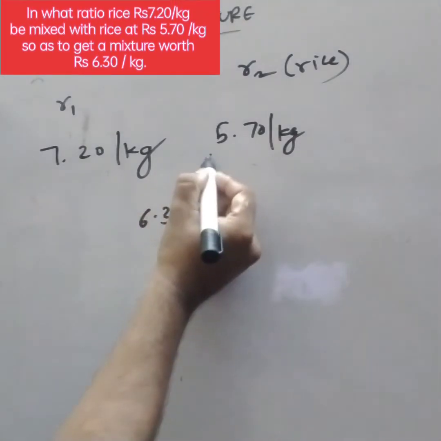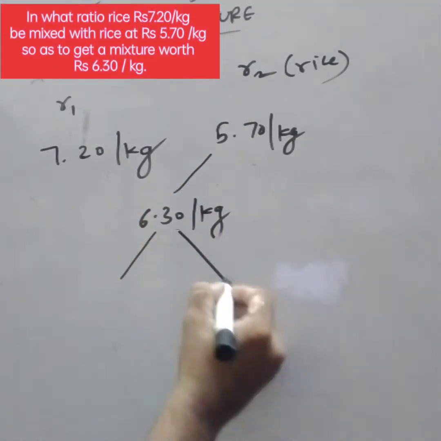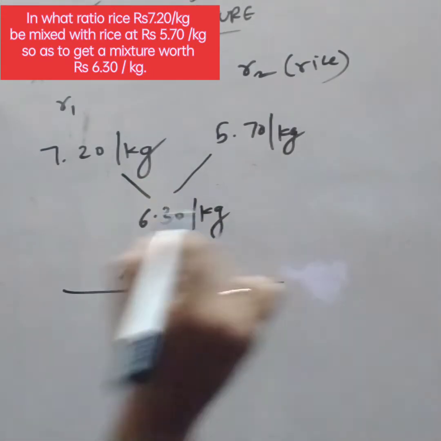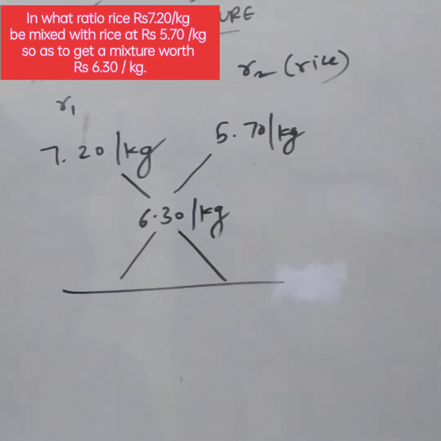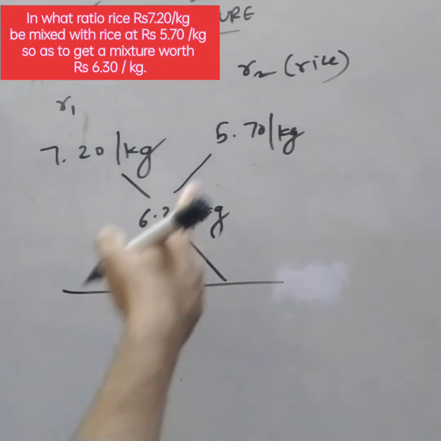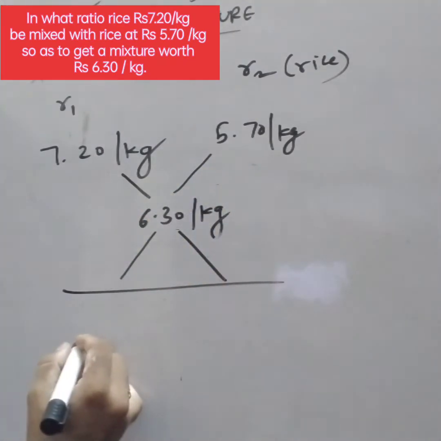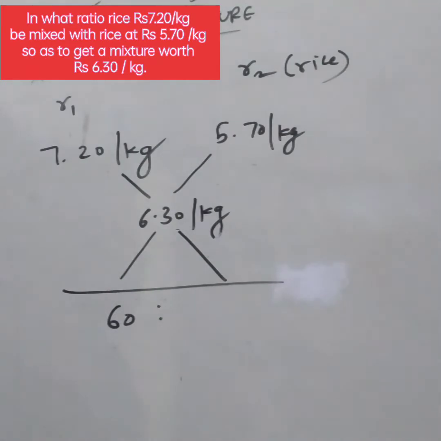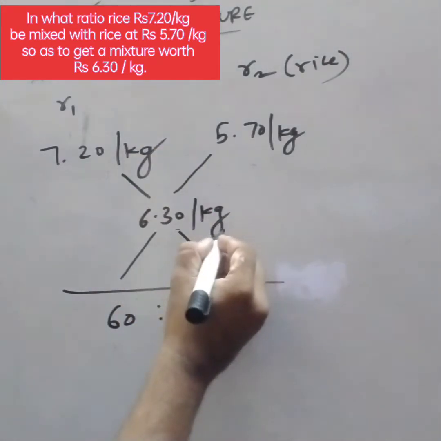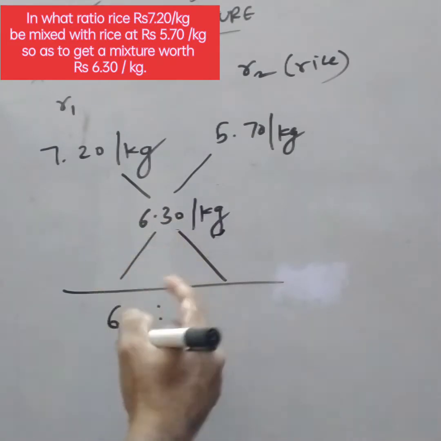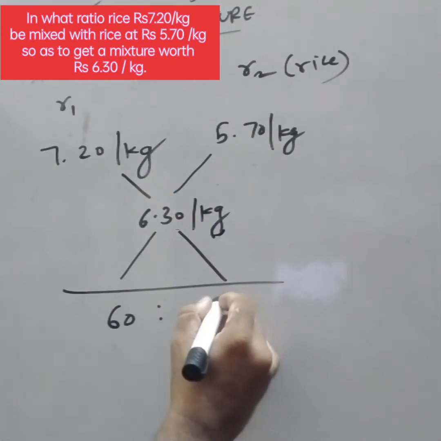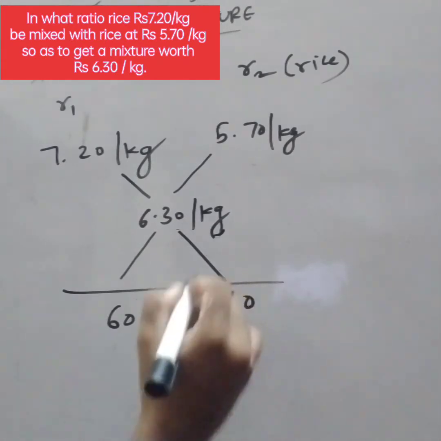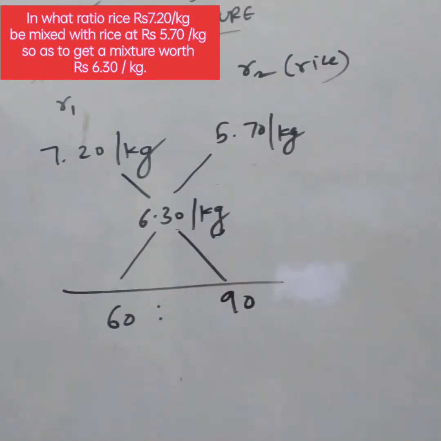Now if we take the difference, dear students, 720 and 630, the difference is 90. 570 and 630, the difference is 60.